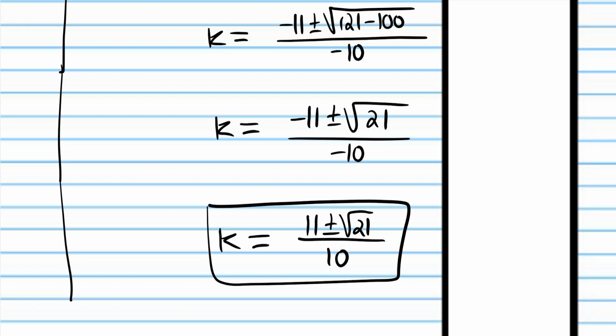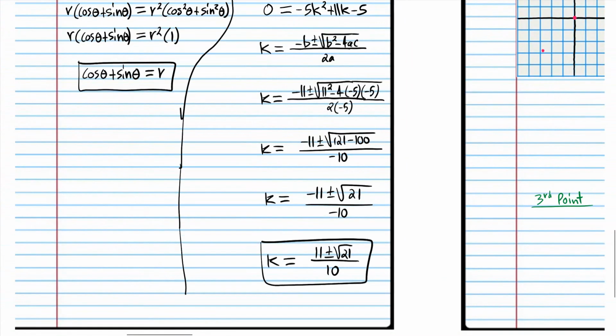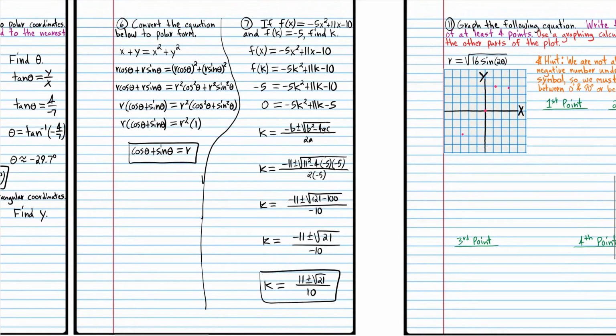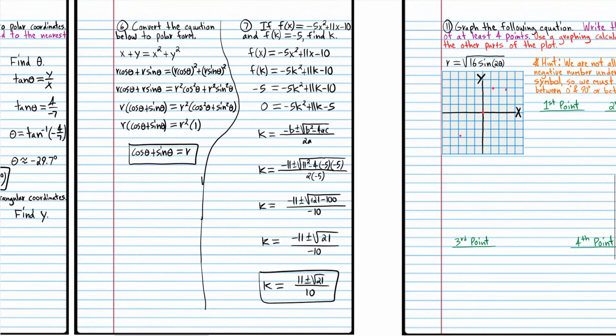So there you go. Those are the two solutions. Those are the two values of k that would make this function equal to -5. So have you got that right? Excellent.